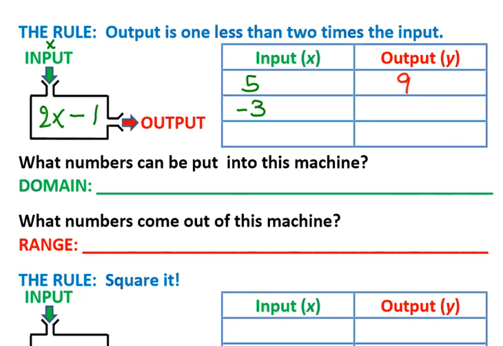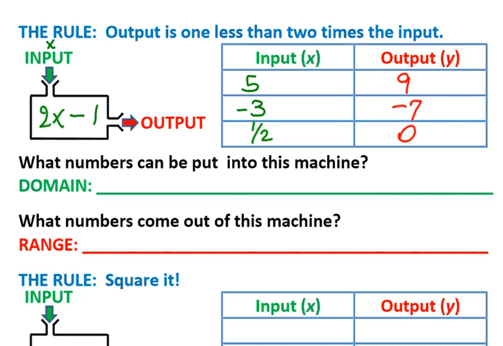That's going to give me negative 6 minus 1, and that gives me a negative 7. Let's try a 0; 0 works, of course it does. Let's put in a fraction, 1/2. 2 times 1/2 is 1, and 1 minus 1 is 0.